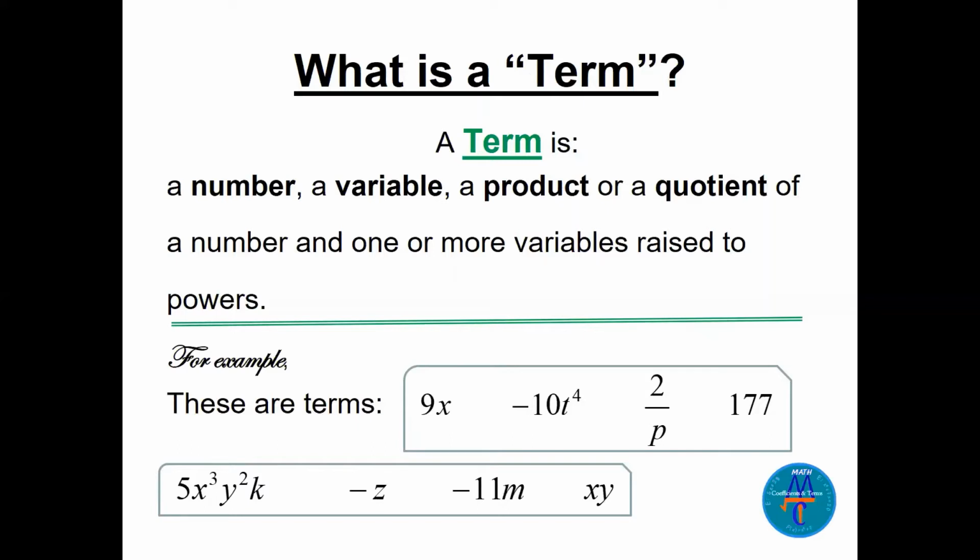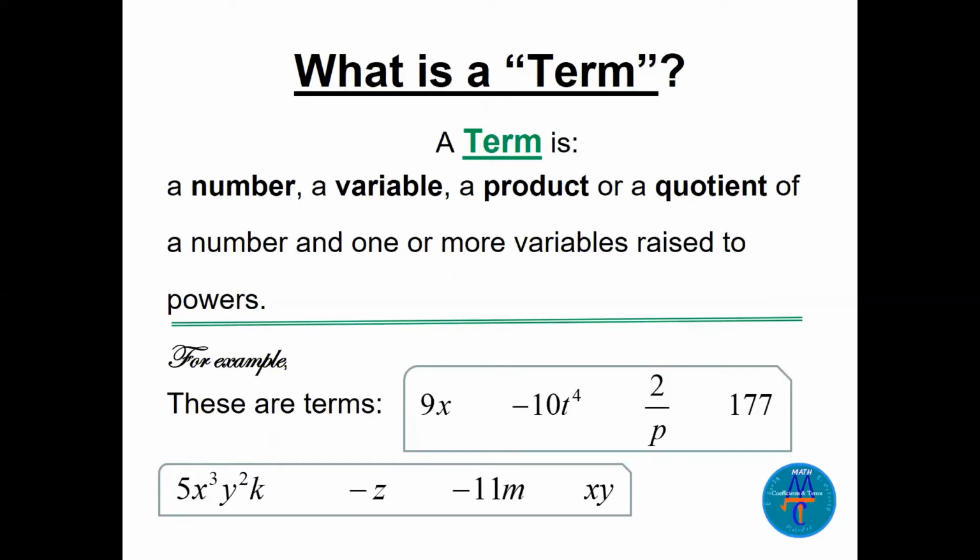Term can be X also. Or product. Or quotient. Quotient, something divided by something. Of a number and one or more variables raised to powers. See, this is maybe a little complicated. This is a term. Look at the example here, then I can explain more.